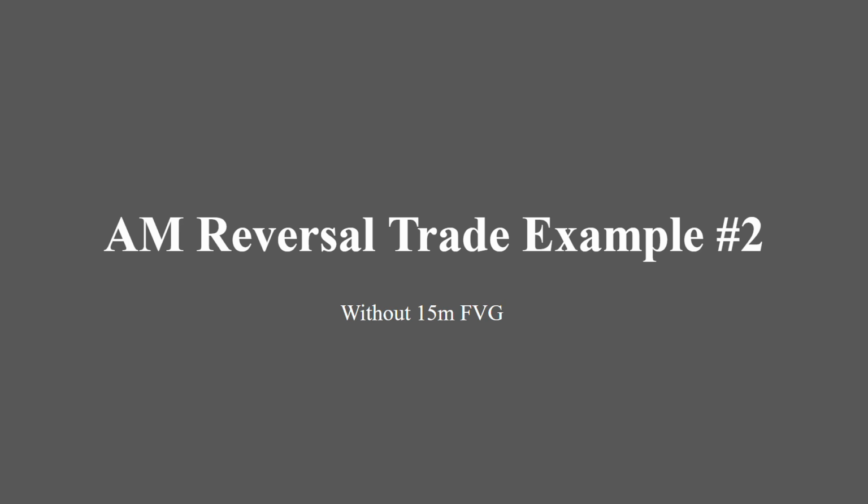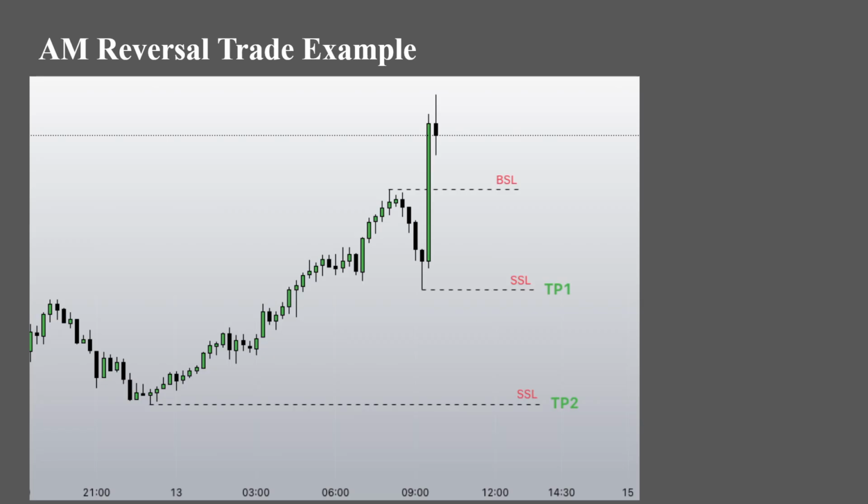So let's go to AM reversal trade example number 2. This one is not including step 2 in our requirements. This is without the 15-minute fair value gap. As you can see, price goes to and through buy side liquidity.